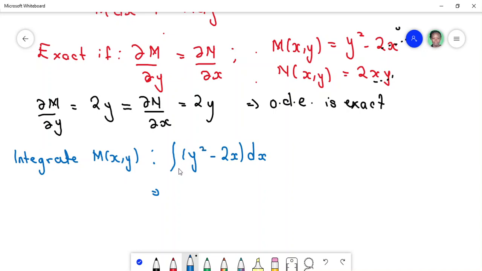Using the sum rule, let's say this is equal to u.